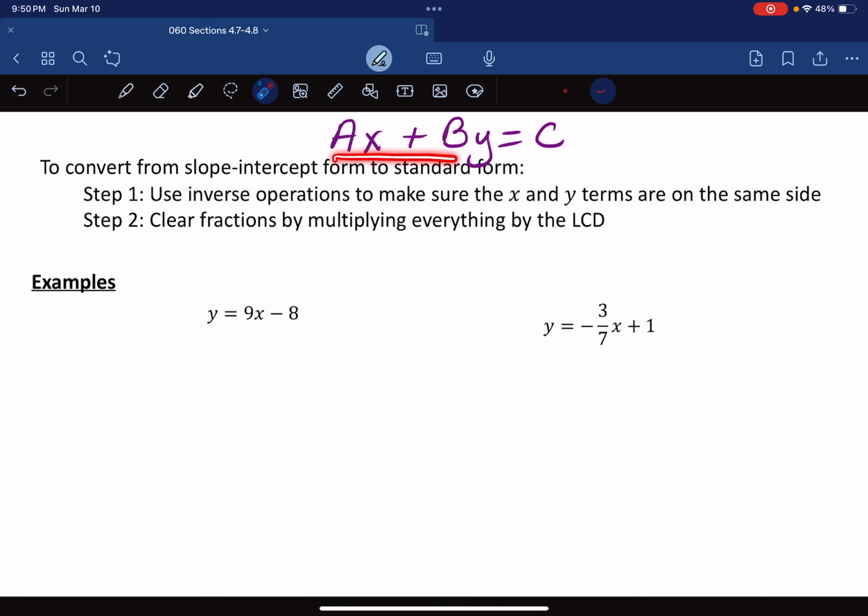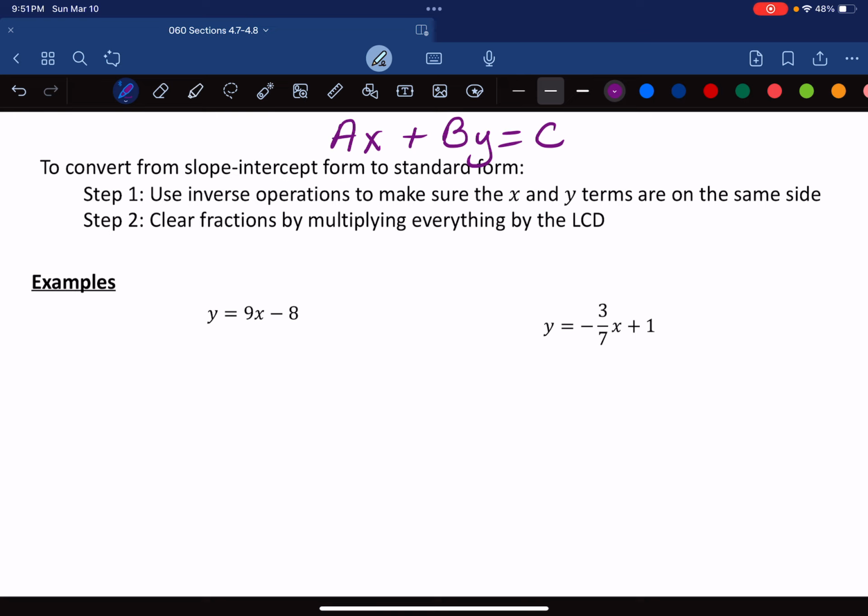I need to get them on the same side. So I'm going to use inverse operations to make sure x and y terms are on the same side this time. And this second step is kind of optional, but I like to do it because, who likes fractions? Doing this second step will get rid of our fractions so that we just have a nice clean standard form with whole numbers, no fractions.